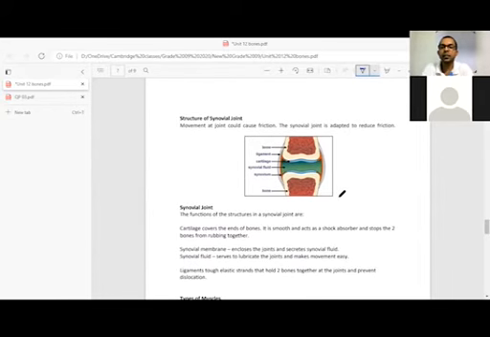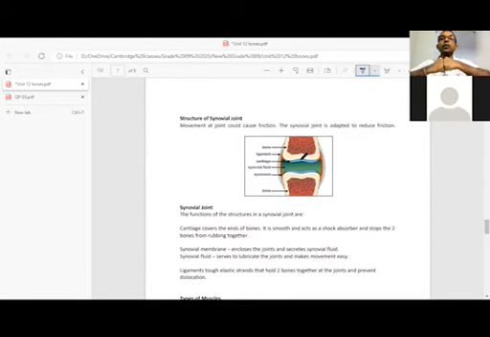And the other one is, what is the synovial joint? Normally, when two bones are connected and there's movement between these two bones, it could create friction.